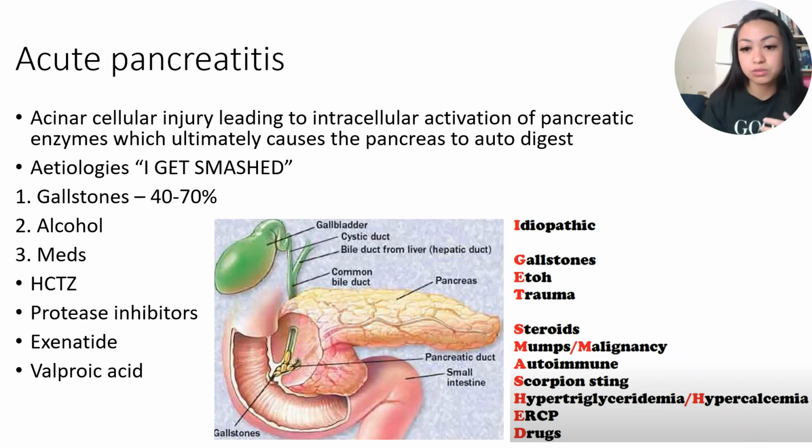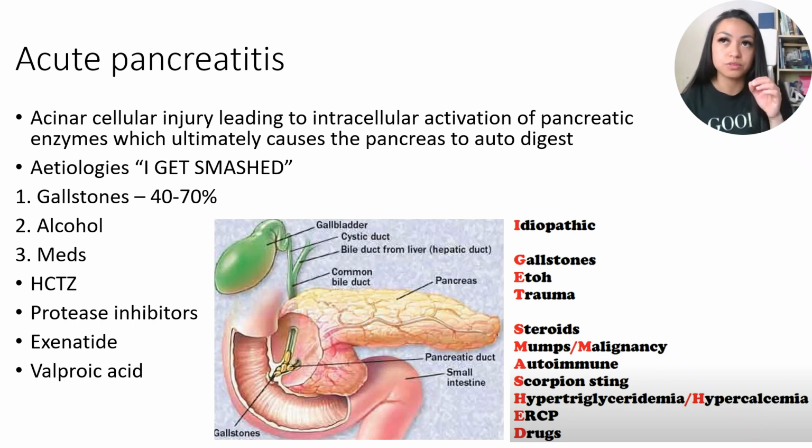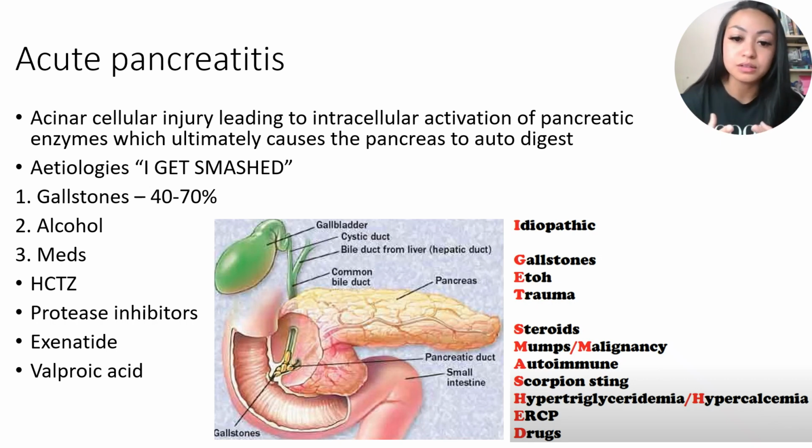And the exocrine function is the production of digestive enzymes, like amylase, lipase, and trypsin. In the case of acute pancreatitis, some process or agent causes injury to these acinar cells, and that leads to the activation of the pancreatic enzymes, lipase, trypsin, amylase, which leads to the autodigestion of the pancreas. So that's why it happens.